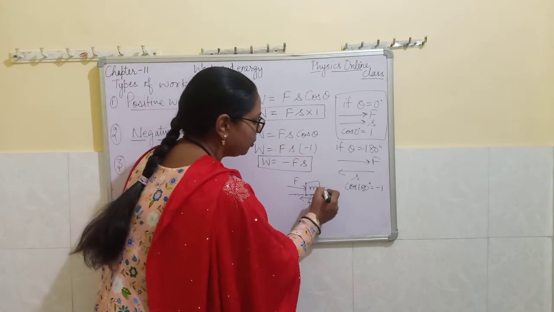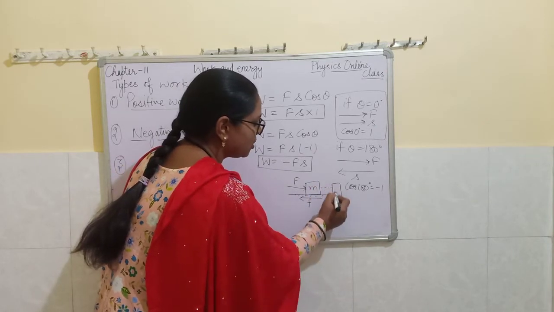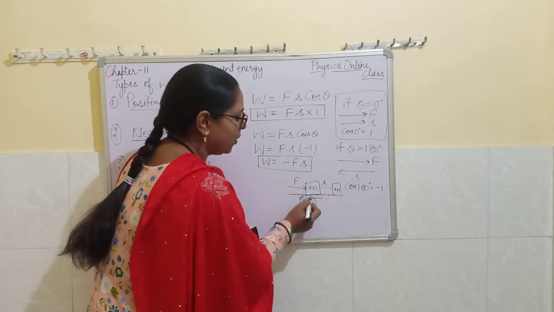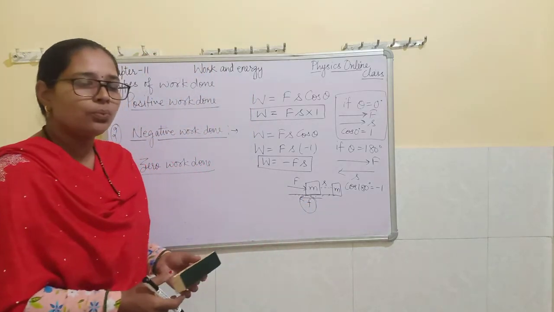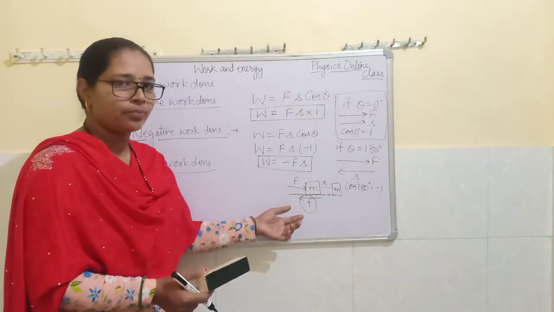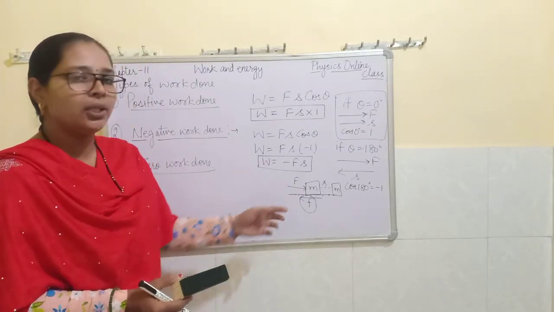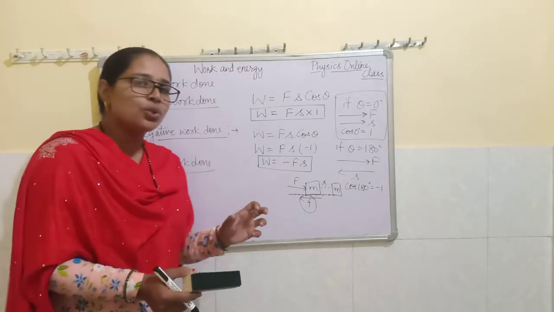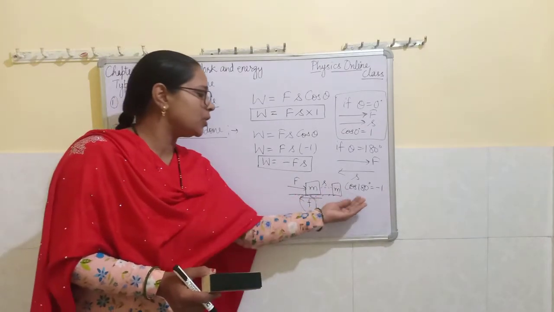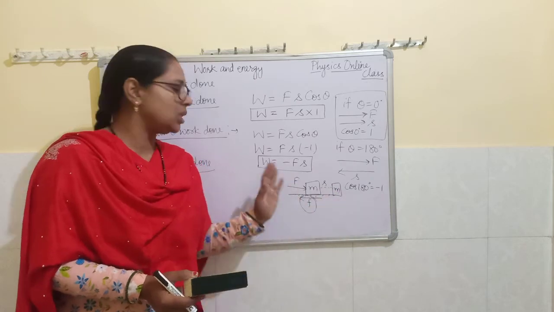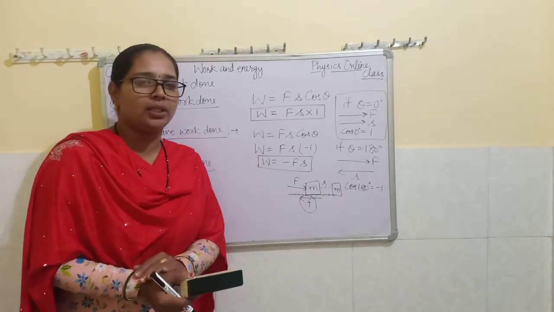So when the body displaces by some distance, that is S, then work done by this frictional force is always negative. So these are the examples for negative work done. वो फोर्स जहां आपकी डिस्प्लेसमेंट अपोजिट होती है वो फोर्स हमेशा नेगेटिव वर्क डन करता है.